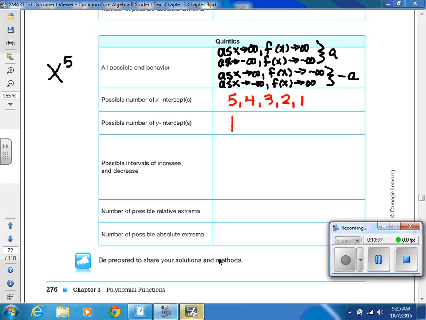Possible intervals of increase and decrease. I'm going to draw pictures on this again. It can be always increasing, or it can be always decreasing. It could increase, decrease, increase, or decrease, increase, decrease.